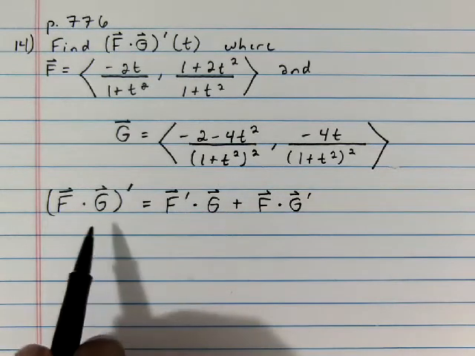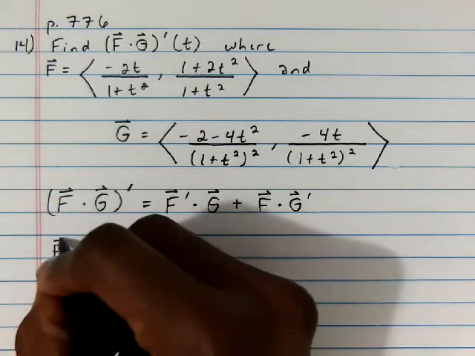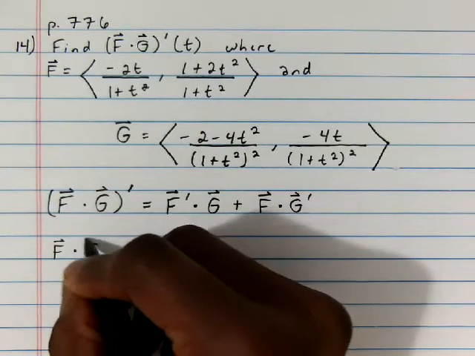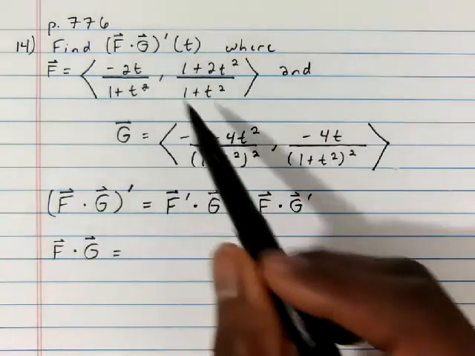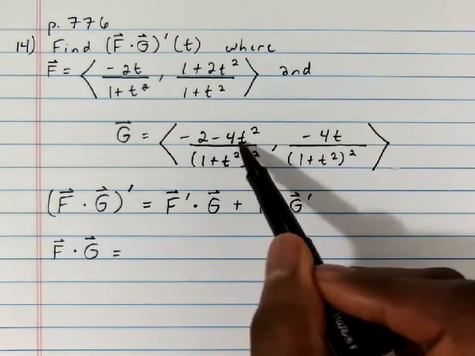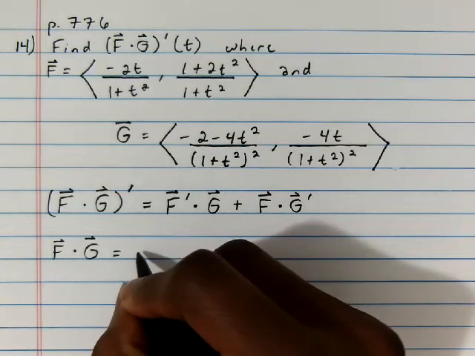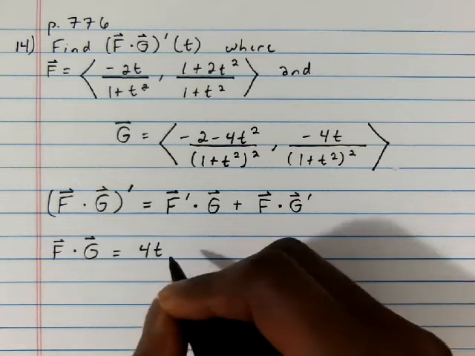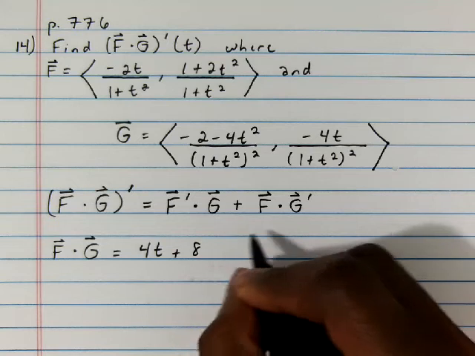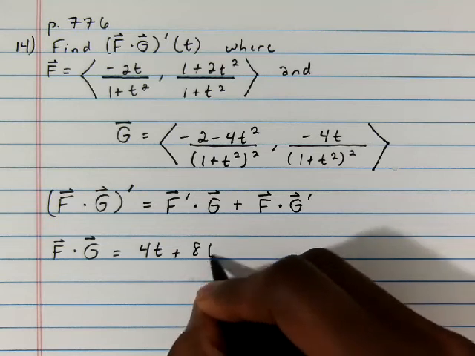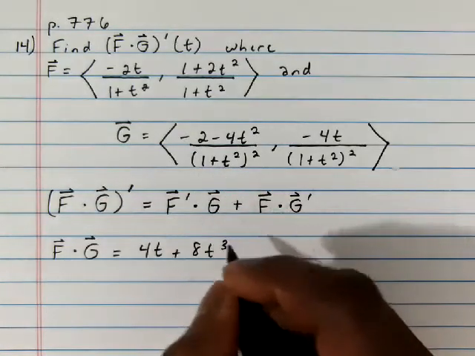All right, so we want to compute this dot product. So f dotted with g. So we have negative 2 times the negative 2 minus 4t squared. So here we're going to end up with 4t plus 8t cubed over 1 plus t squared quantity cubed.